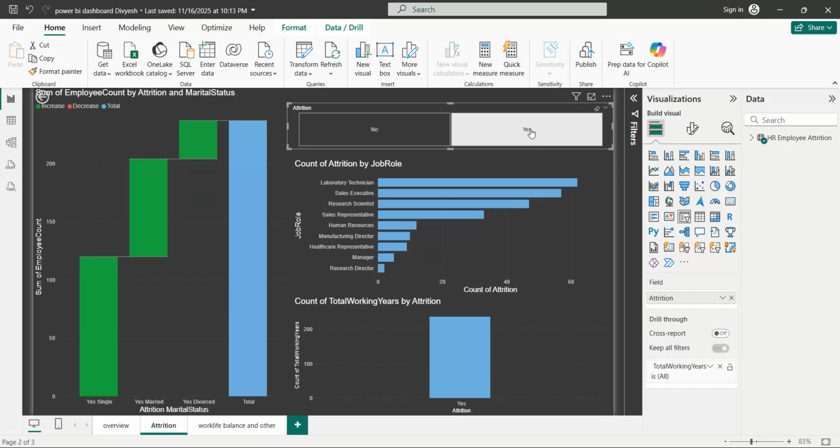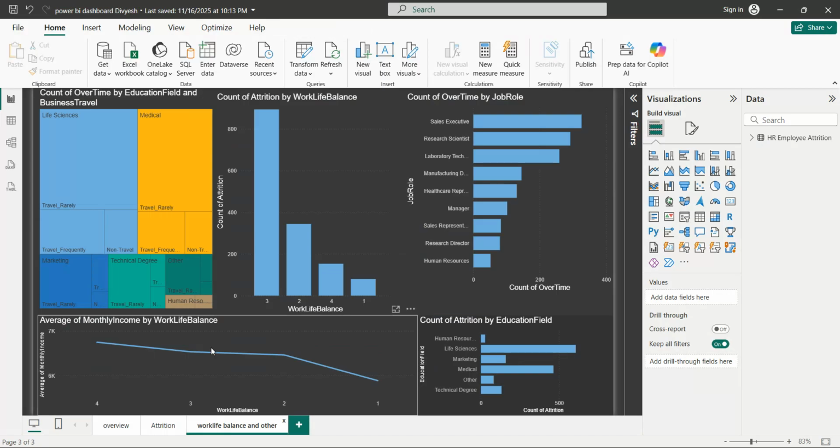So the new employees with fewer working years tend to switch jobs faster, maybe due to lack of job fit, better opportunities, or dissatisfaction early in the career. This is a useful insight for HR to strengthen the onboarding and early career engagement. So coming to the next sheet.